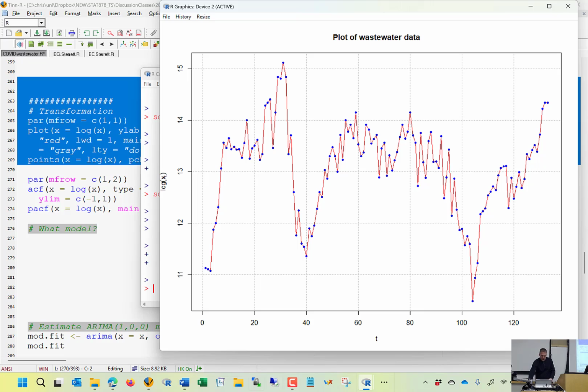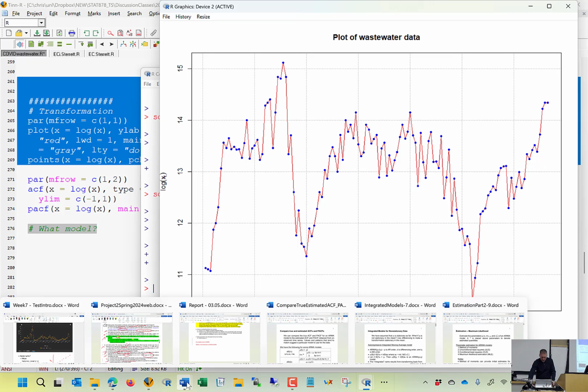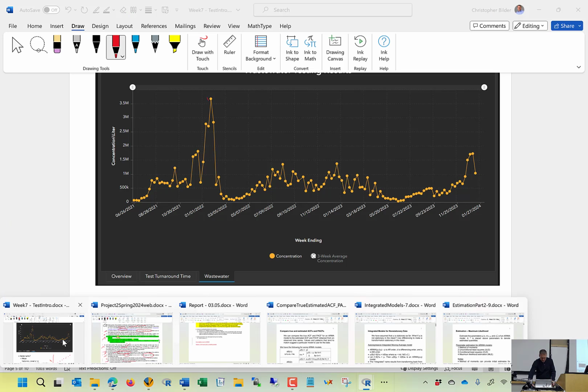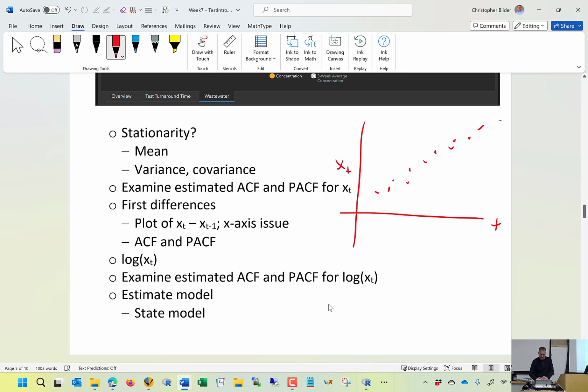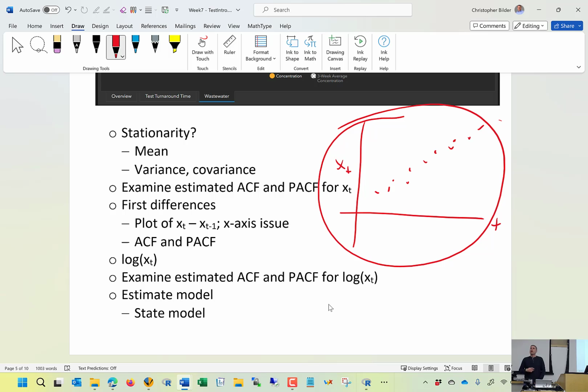The most extreme situation, like what we were talking about before, would be something like this, where I would expect to have very large positive autocorrelation. I don't have that here, but we see some aspects of it.